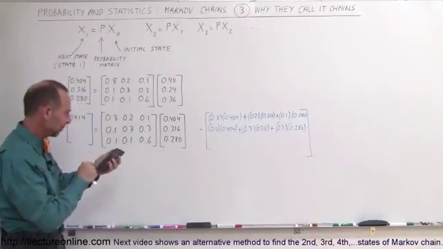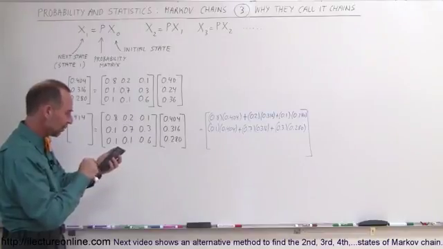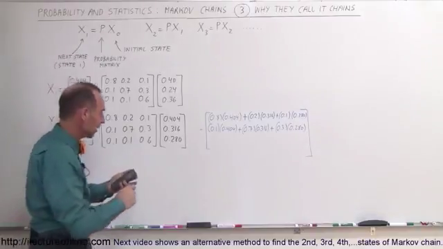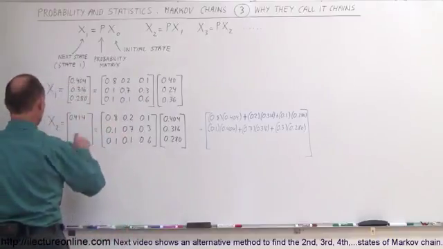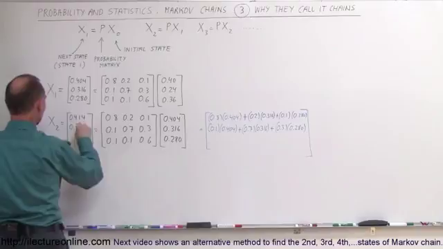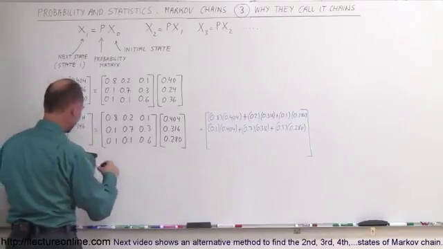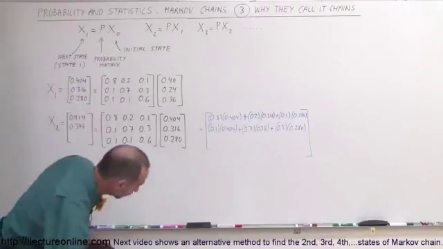So 0.1 times 0.404 plus 0.7 times 0.316 plus 0.3 times 0.28 equals 0.346. All right, now next.